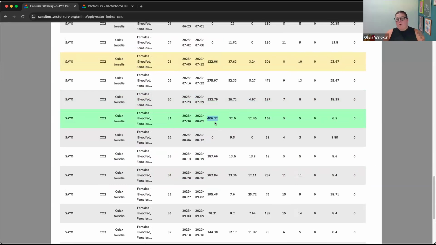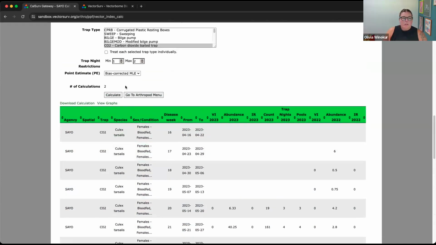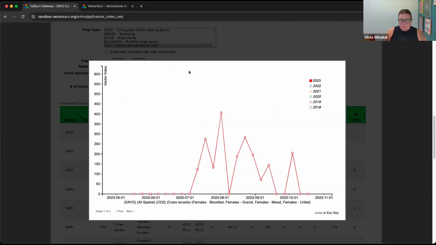So this is saying 406 positive mosquitoes per 1,000 tested per trap night. So that a number of 400, we're scaling by 1,000. So what 400 means is 0.4 mosquitoes per trap night are testing positive.